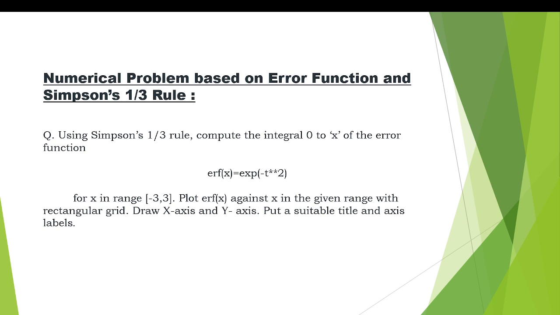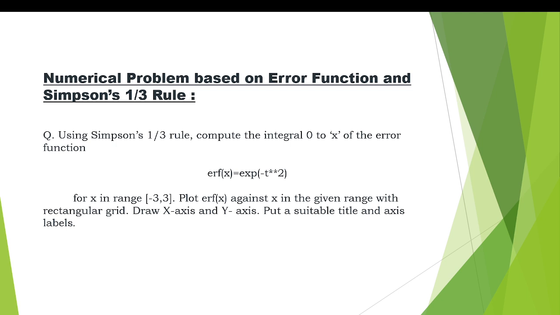Here I have written a numerical problem based on the error function and Simpson's one-third rule. The question says: using Simpson's one-third rule, compute the integral from 0 to x of the error function, erf of x, where the integrand is exponential of minus t square, for x in the range minus 3 to plus 3.